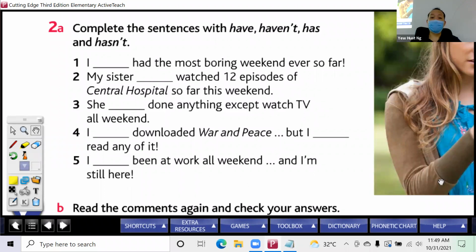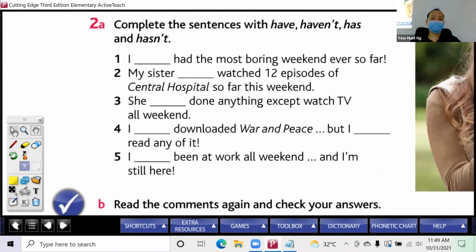Done? Yeah. Okay, so let's look at this. So sometimes, like this sentence, if you try to translate into Chinese, you don't need to translate the have had.